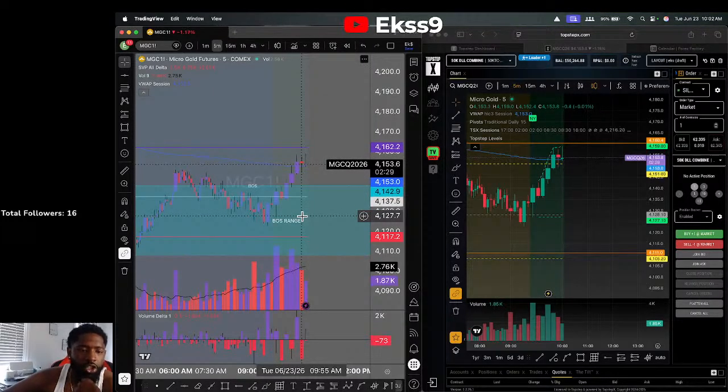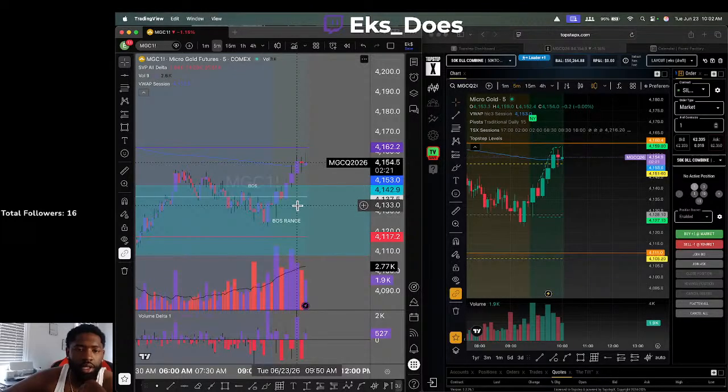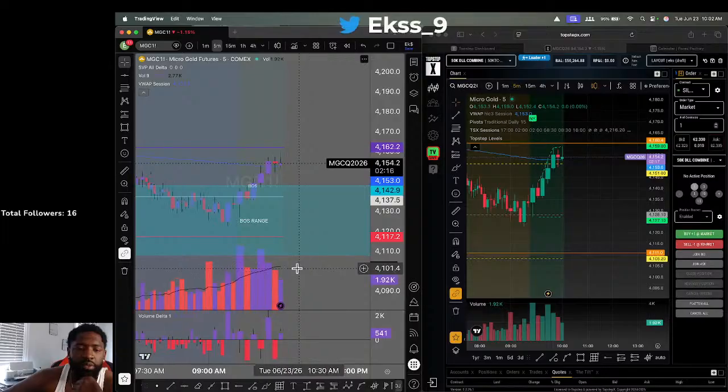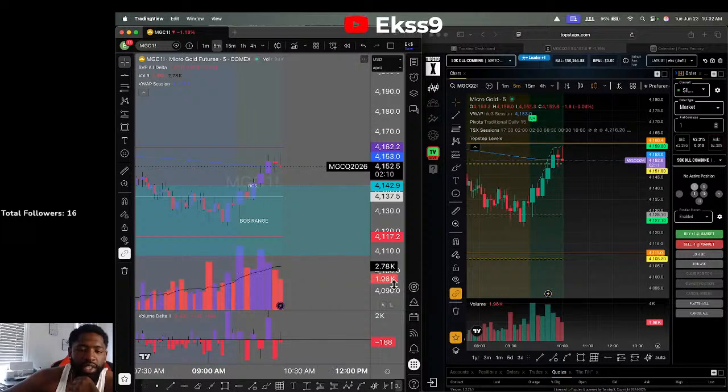Yeah, they were in control by about 1,500 contracts, and the overall volume was 2,500. So that's some good selling pressure. Not what we have wanted to see, right? We have wanted to see it rise above the average selling pressure.